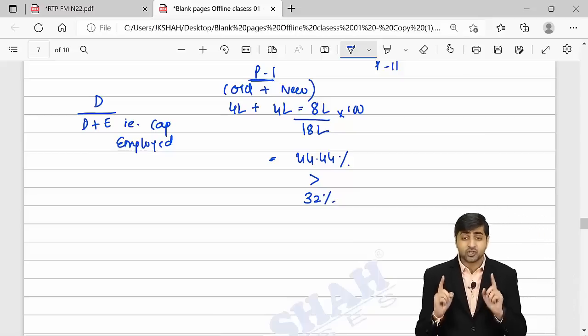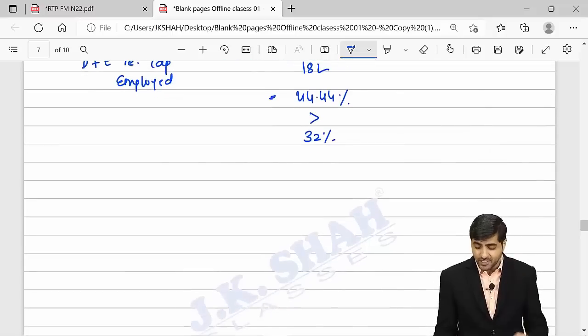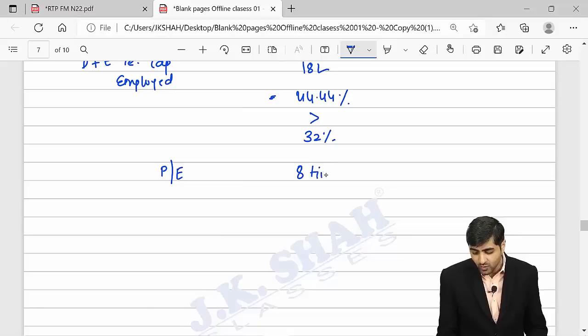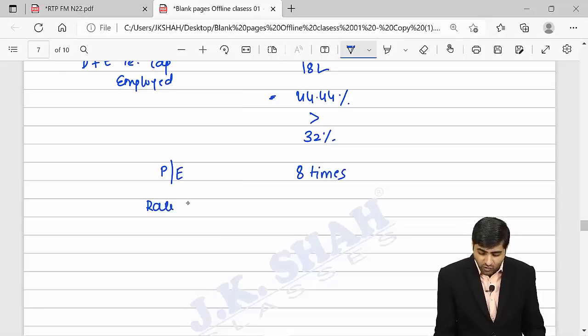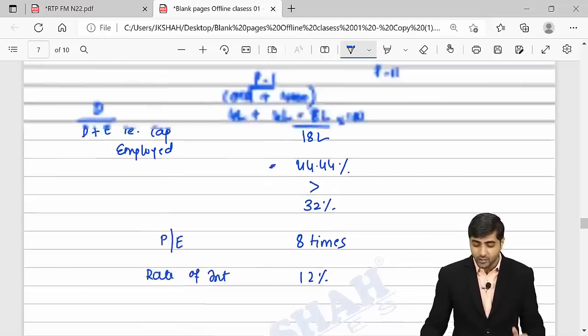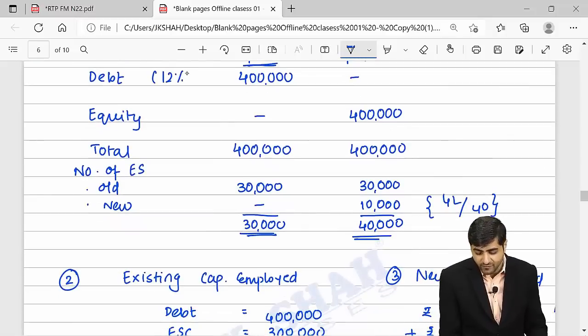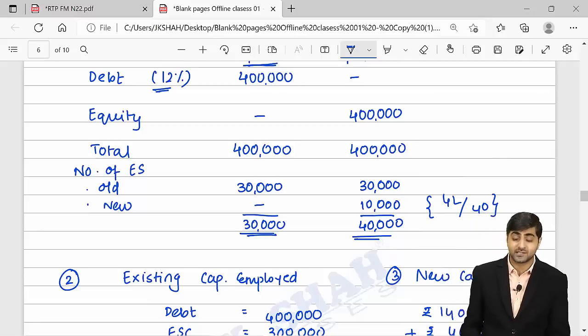So when your proportion of debt is exceeding your 32%, there are two implications to it. Number one, your P ratio will become 8 times, and number two, your rate of interest is going to become 12%. So guys, that 4 lakh rupees which we are taking by way of loan will now have a rate of interest of 12%.